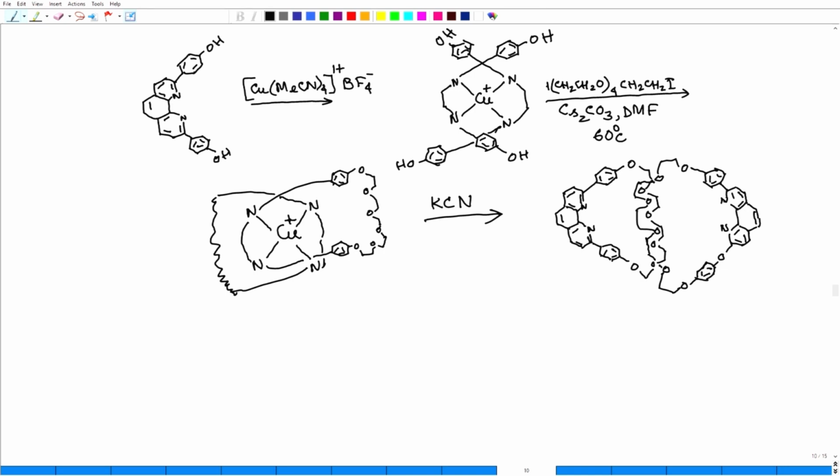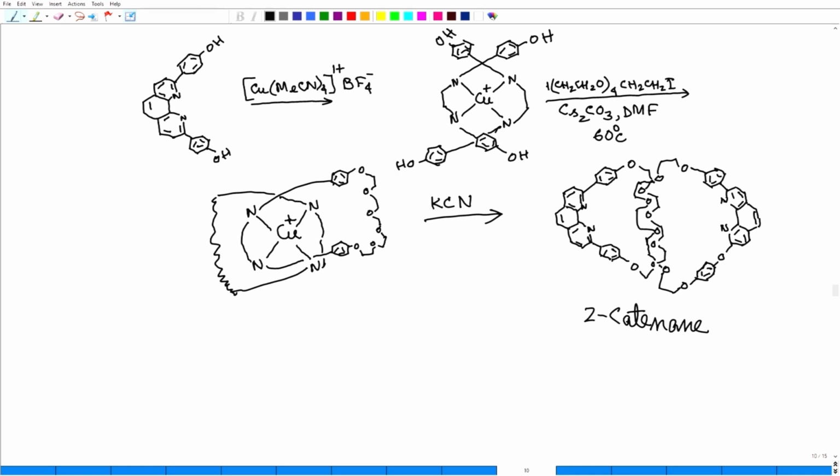So, we have now made a particular catenane. This is known as 2-catenane, and it is a pretty good yield also.